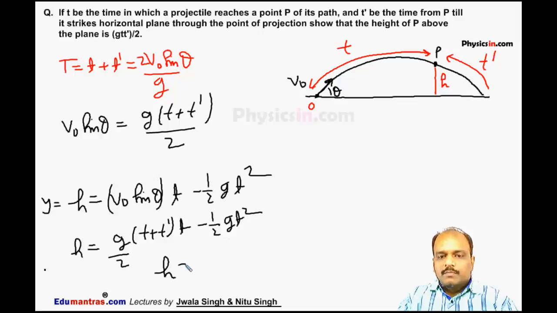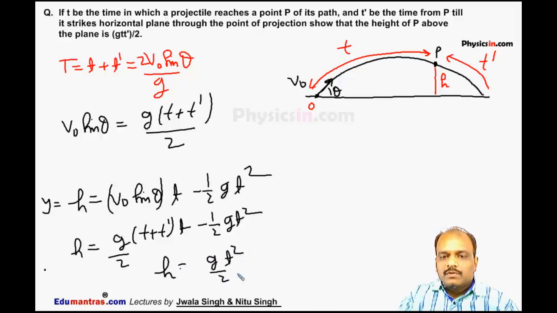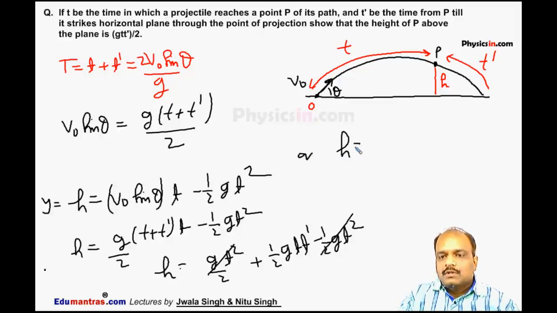So h comes out to be g t square by 2 plus 1 by 2 g t into t dash minus 1 by 2 g into t square. So this term will cancel out, and h is equal to half g into t into t dash. This is the height of this point P from the plane of projection.